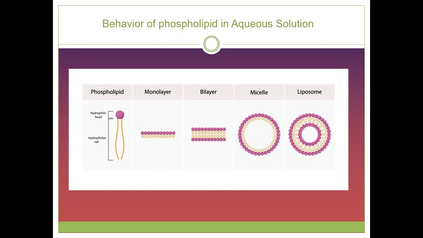But in personalized medicine, where you have a particular situation, let's say a cancer of a particular organ, a lung cancer, you want a drug that specifically targets the cancerous cells, because even in the lung, not all the cells are cancerous.